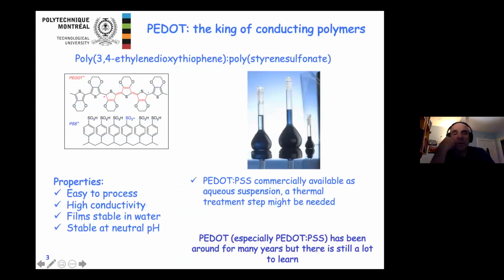Okay, so the mostly used material in the field of conducting polymers, the one you are seeing now, is polyethylene dioxythiophene doped with polystyrene sulfonate. It's only one conducting polymer, but it has been very successful for several reasons. First of all, since many years it's commercially available, and its performance is very good in terms of conductivity, processability, and also stability in water.